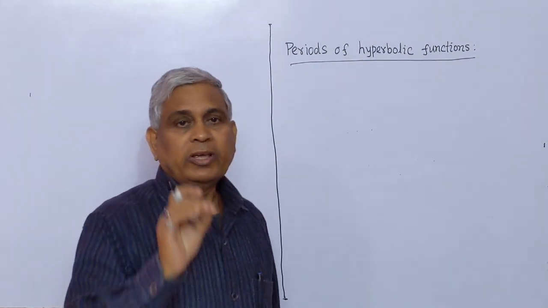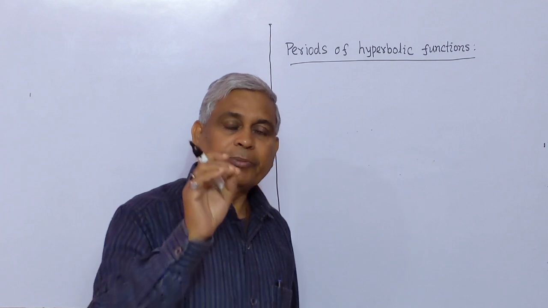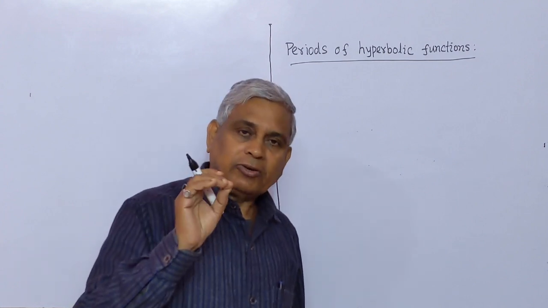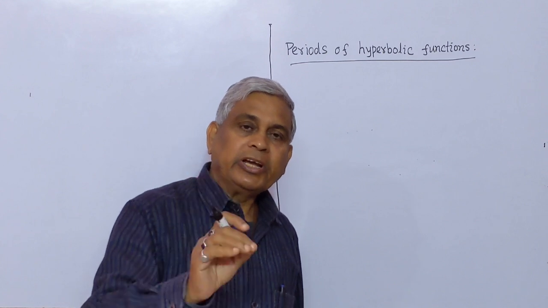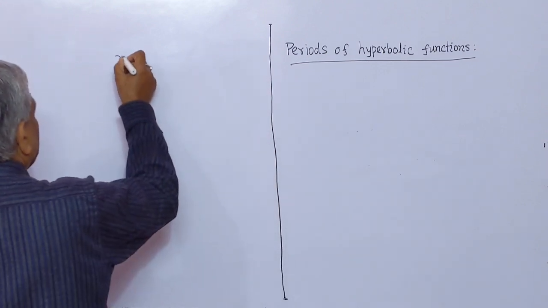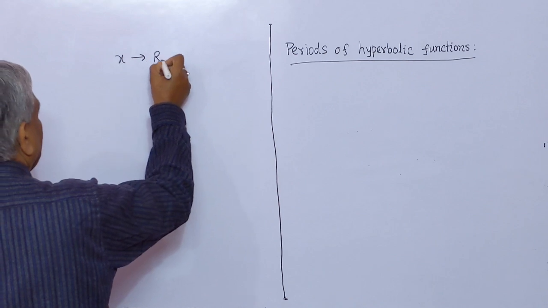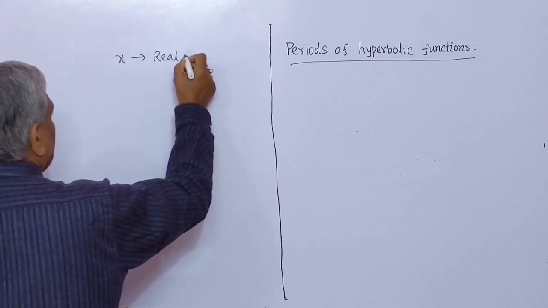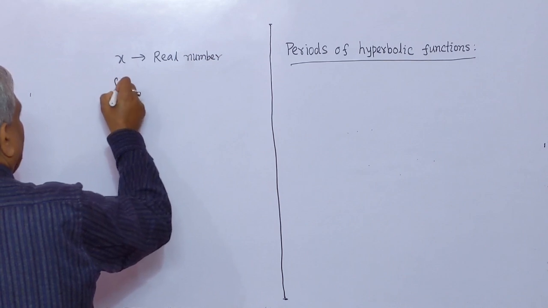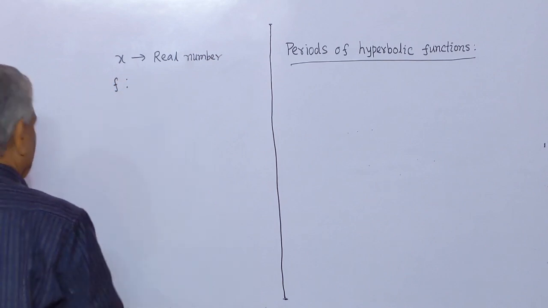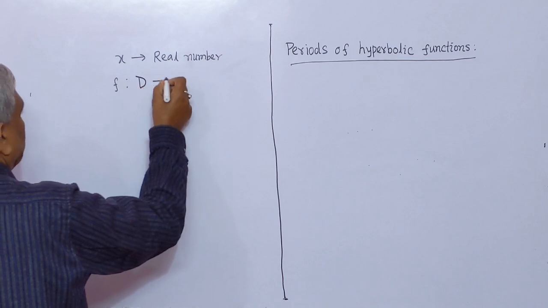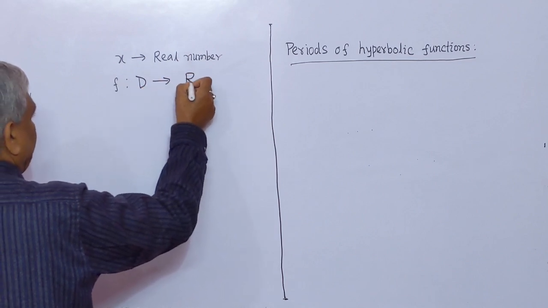Before knowing the periods of hyperbolic functions, I would like to give you the concept of the period of a function. Let x be a real number and f be a function defined on domain D to a real number.